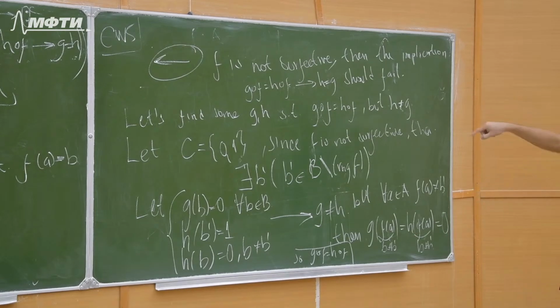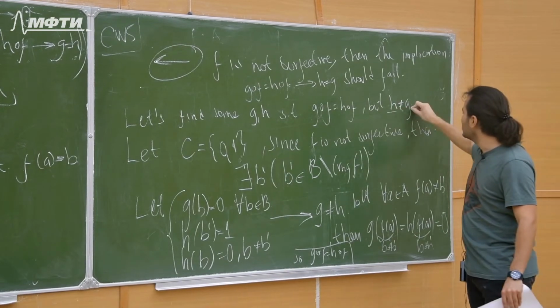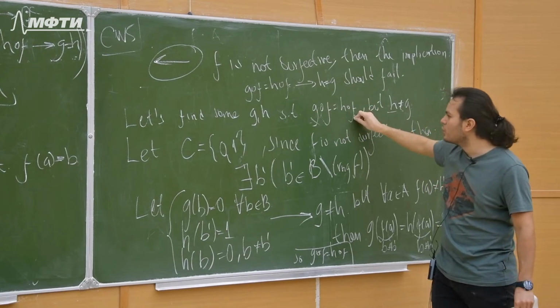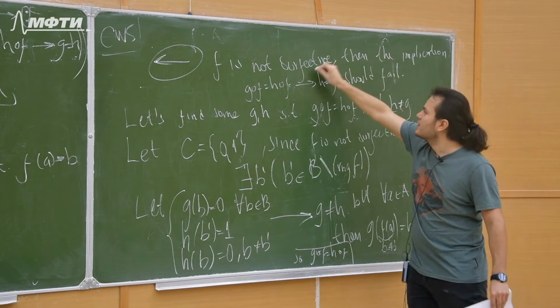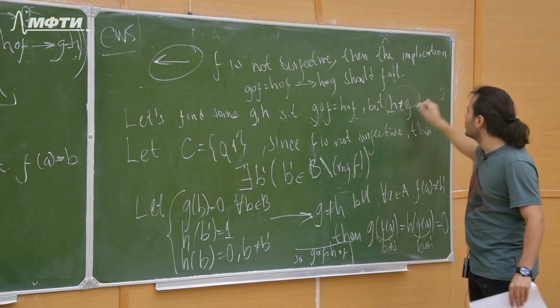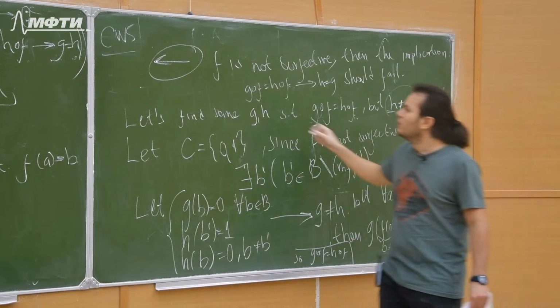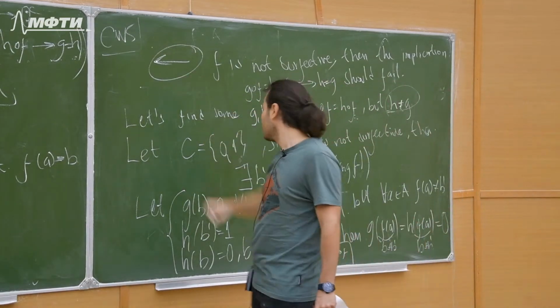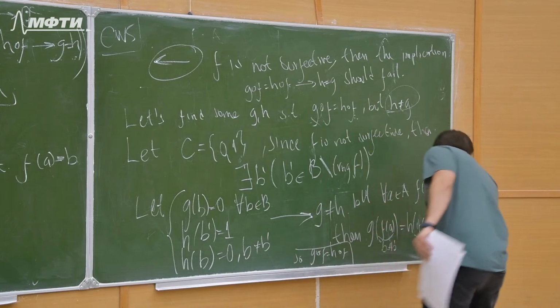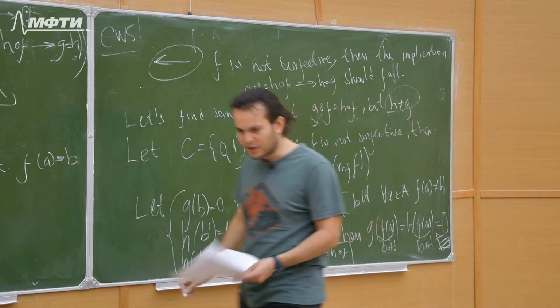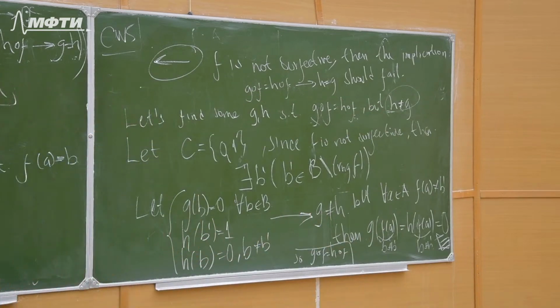So we found some h and g such that the compositions are equal, f is not surjective, but the functions themselves are not equal. And this proves this direction. Okay, we're finished with this one. Now this was exercise 6. Now we can move to exercise 7.